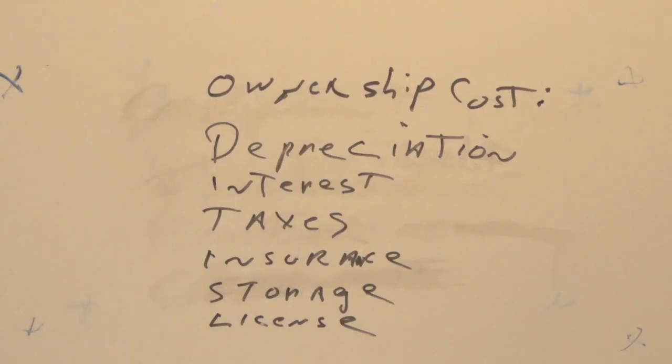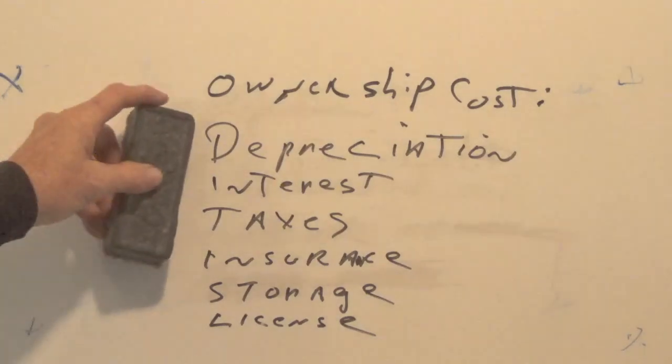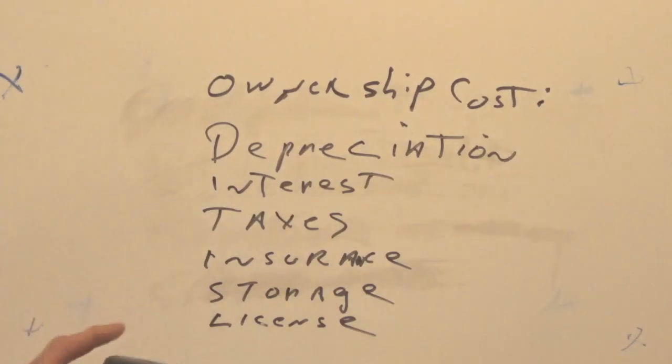So ownership costs, you have, and I need you to remember this stuff, ownership costs and operating costs. Now, the one thing about ownership costs, besides what I have there, is that they're not easily seen. In other words, when you look at the piece of equipment, you don't readily see these things.